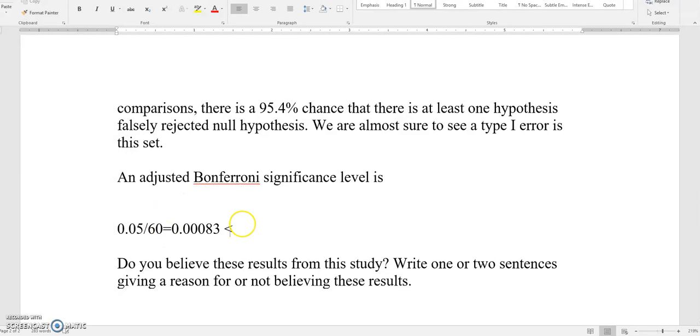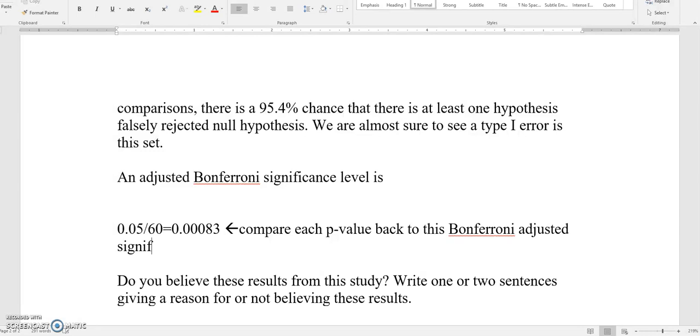We want to compare each p-value back to this Bonferroni adjusted significance level, okay? So in other words, instead of 0.05 for each comparison like we did at the outset of this activity, we're going to use this adjusted one, this Bonferroni adjusted one.